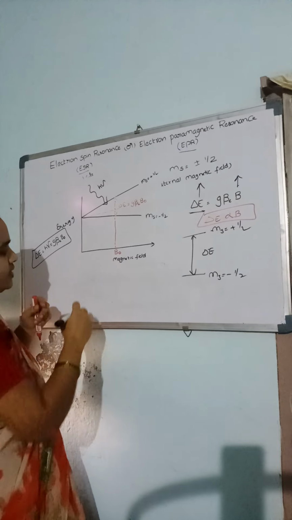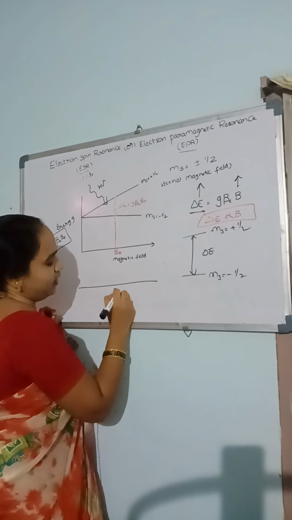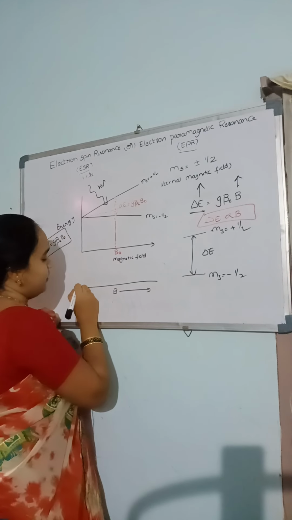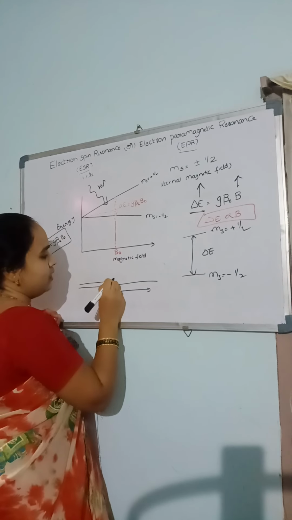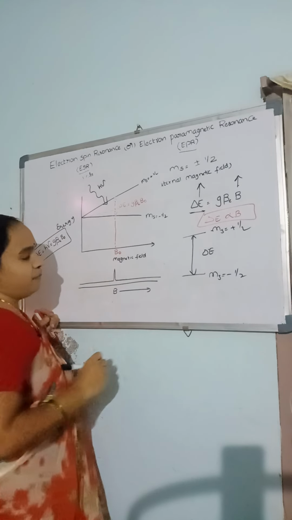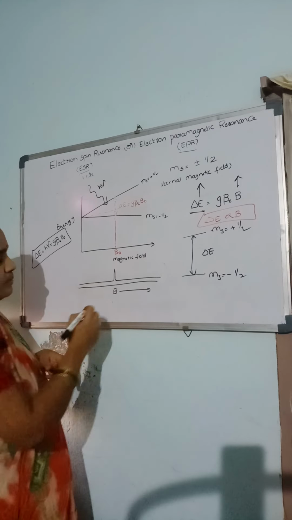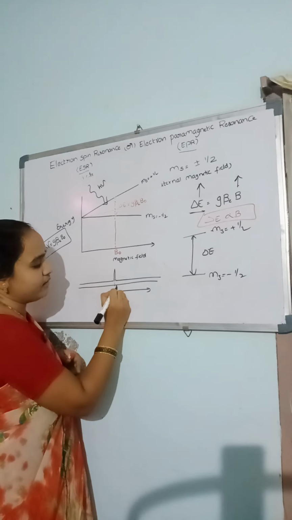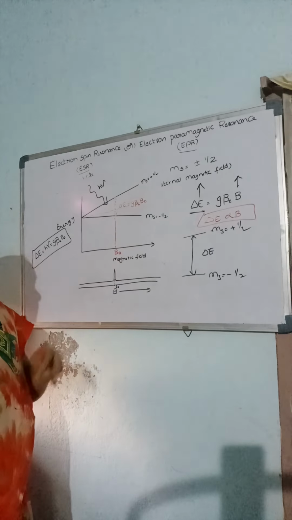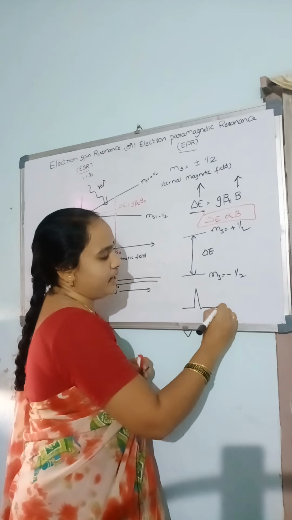If the radio wave is absorbed, on the graph, if you draw the magnetic field, we get a sharp spike on the spectrum. That is, this radio wave is absorbed at a particular magnetic field B naught. But in your ESR practicals, you got a spectrum like this.